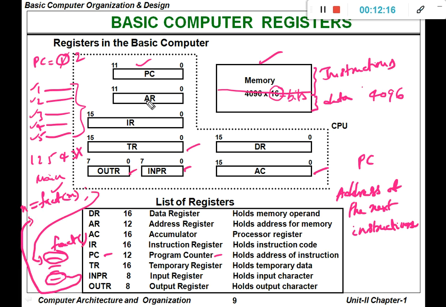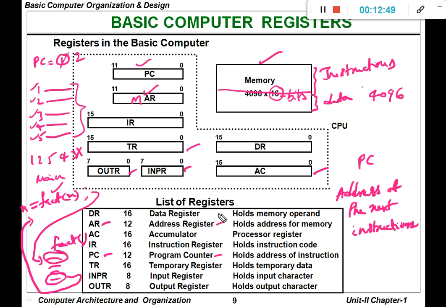After PC, another important register is AR. Sometimes we call it MAR. This MAR is very important, because it is called the memory address register. It holds the address for the memory.